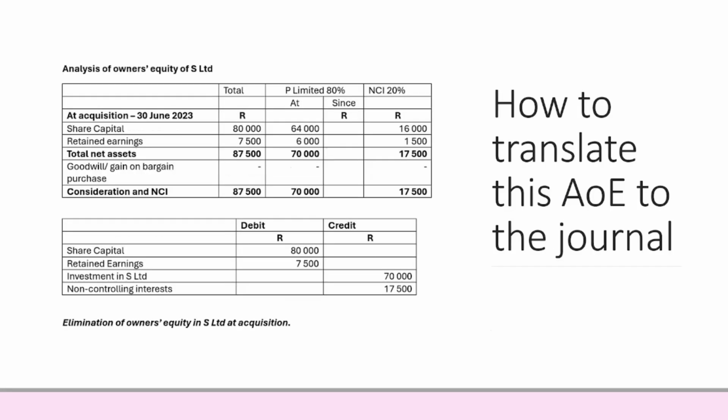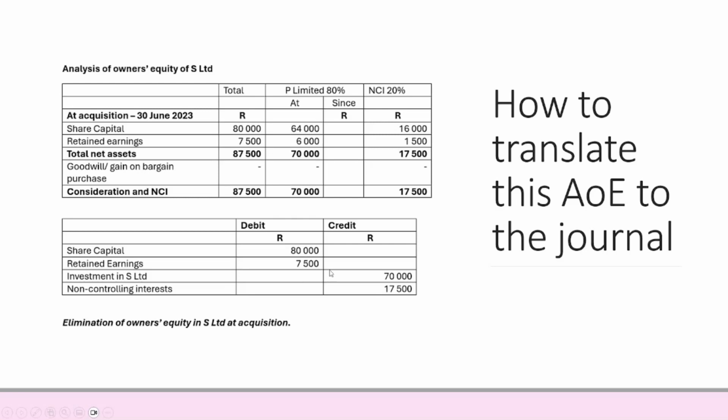So how do we translate this AOE into the journal? First and foremost, I'd use the totals. That's the easiest way to put it. So the total at acquisition is 70,000 Rand for P Limited. Guess what the investment in S Limited is? It's 70,000 Rand. And that's why I told you this total net identifiable assets column is very important. NCI, 17,500. Retained earnings is equal to 7,500.